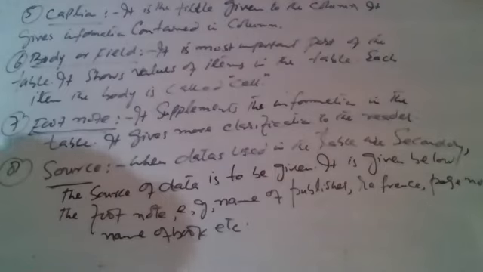If the title does not give full information about the table, अगर title पूरी information नहीं देता है कि table में क्या है, it is supplemented with a head note. इसको head note से हम देते हैं.